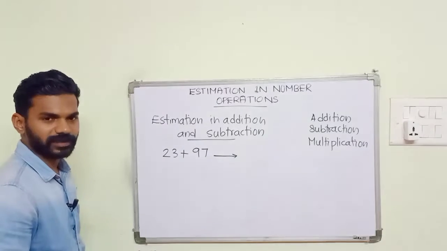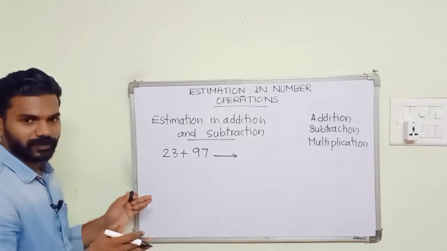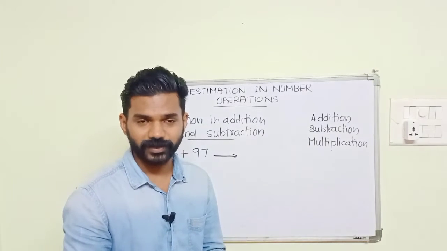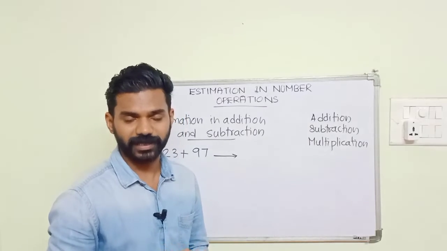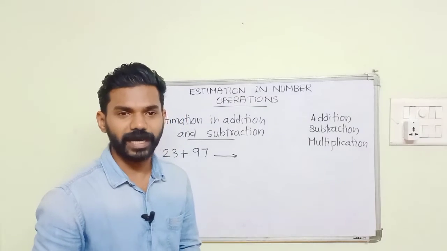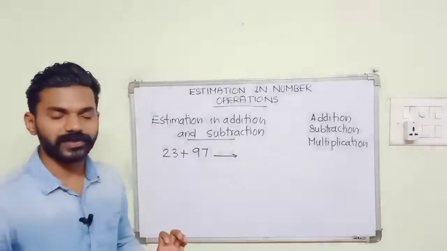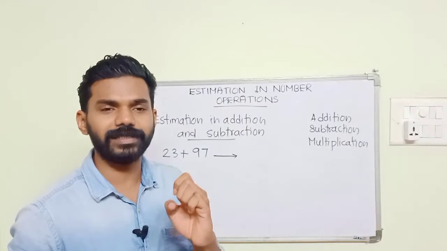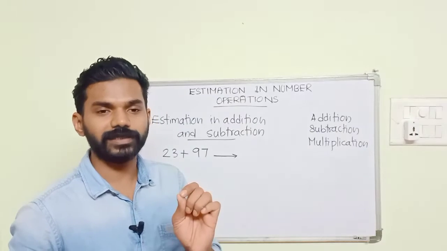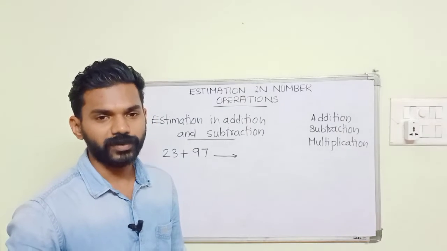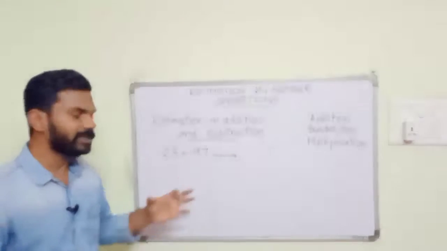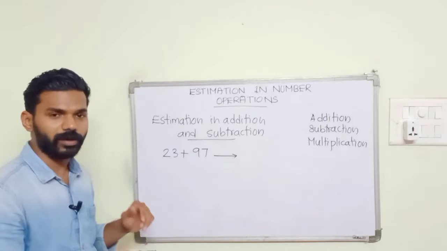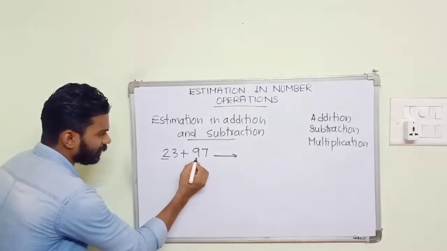Now the rule is that while we do estimation in sum or difference, in addition or subtraction, all the numbers have to be rounded off to the same place value. So here you can see both these numbers can be commonly rounded off to the nearest 10.